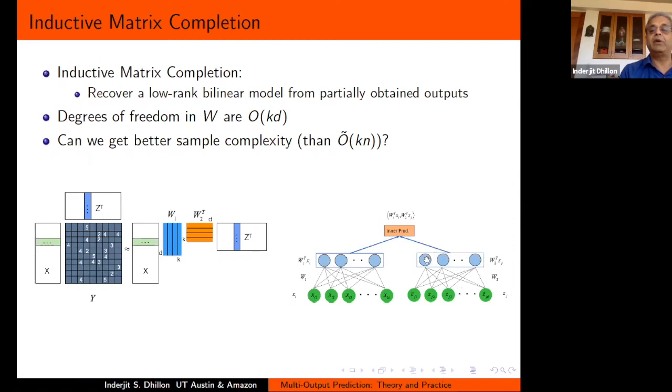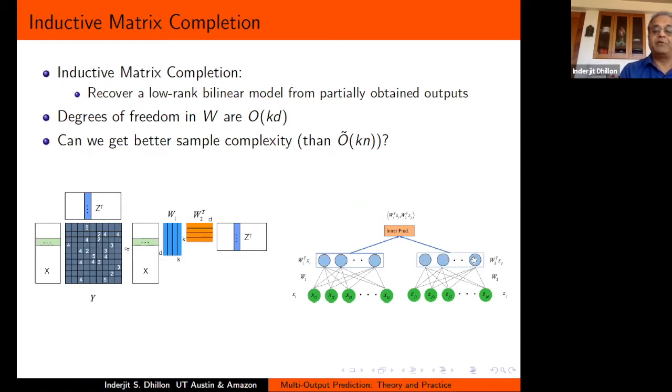Similarly, you get an embedding of the output features, and then you can do the inner product to get the prediction for the ith input and the jth output. So there is a neural network connection. Of course, this is a linear or a bilinear method, and so there are no nonlinear activations over here.